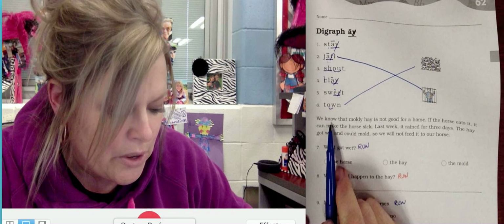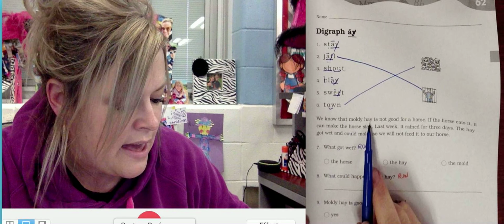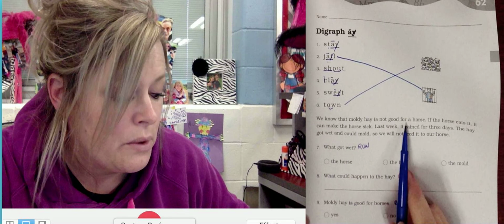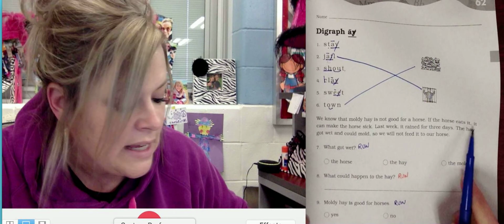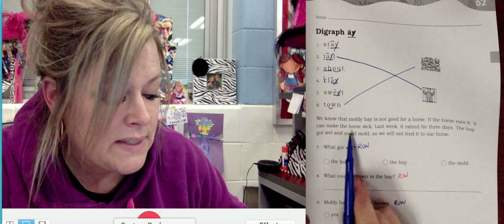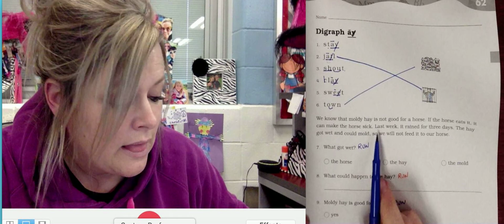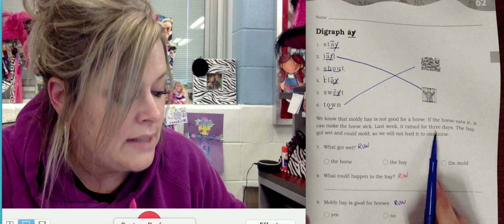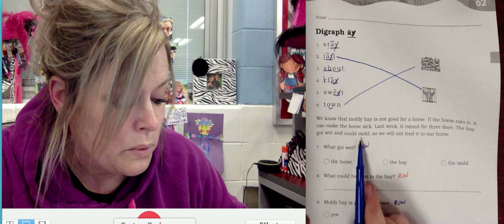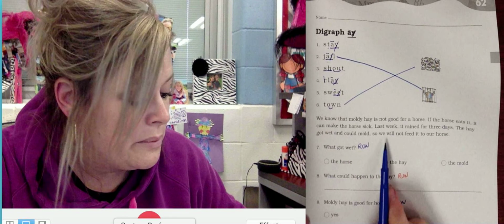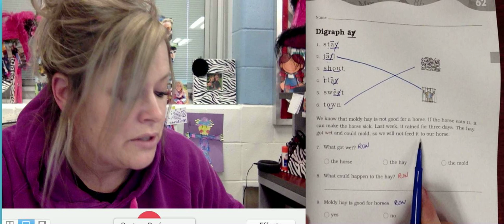We know that moldy hay is not good for a horse. If the horse eats it, it can make the horse sick. Last week, it rained for 3 days. The hay got wet and could mold. So we will not feed it to our horse.